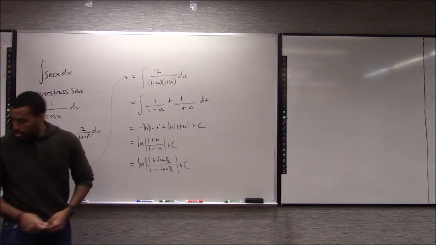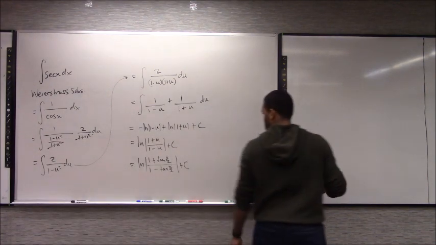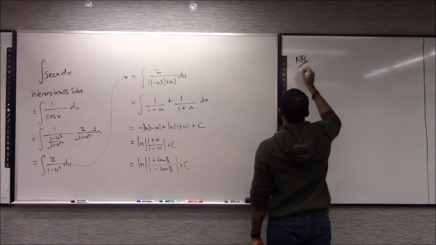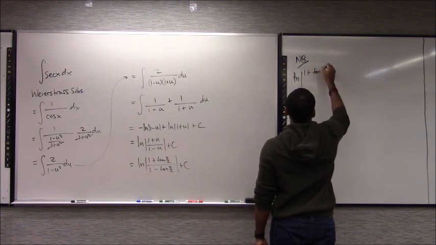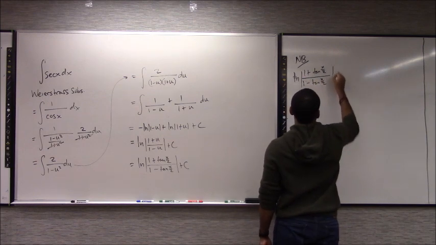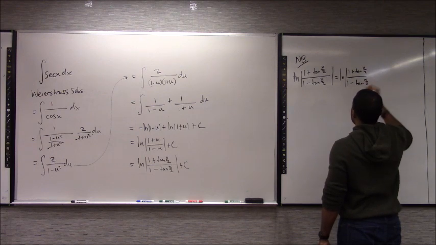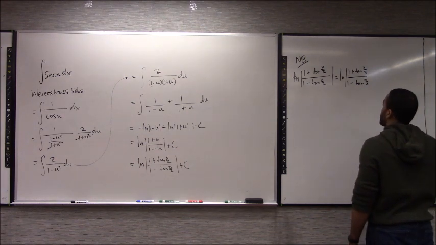And that kind of looked different from the formula that we had before, so just to ensure that we had the same thing. So note, if you had the ln of 1 plus tangent x over 2 over 1 minus tangent x over 2, one way you can see that this can be written in more familiar terms, let's see, we can do that.